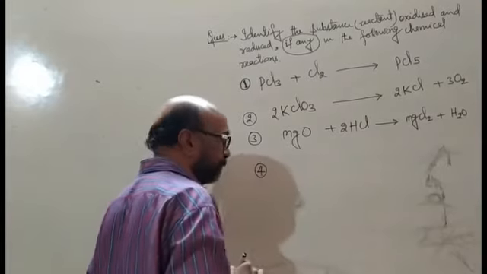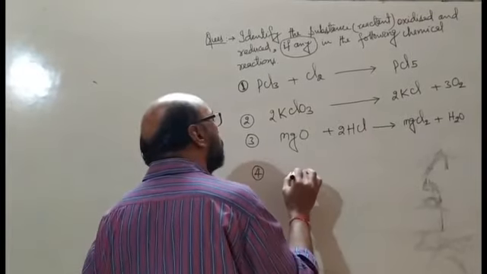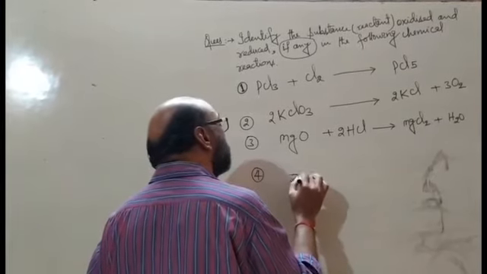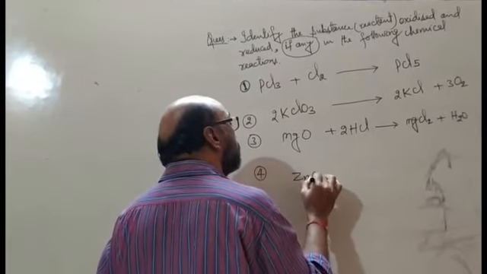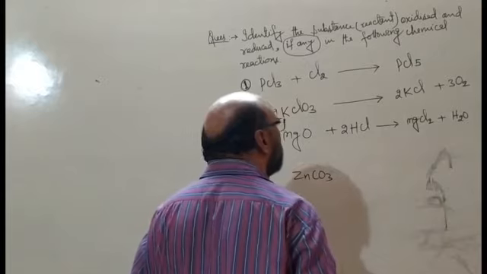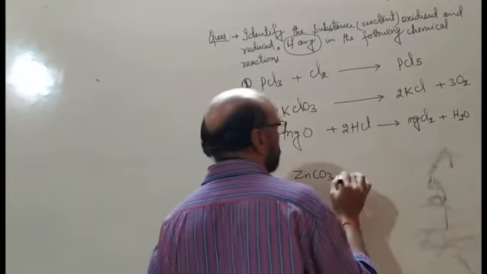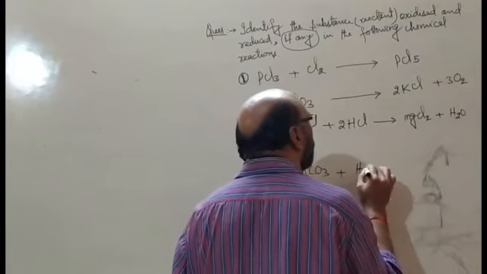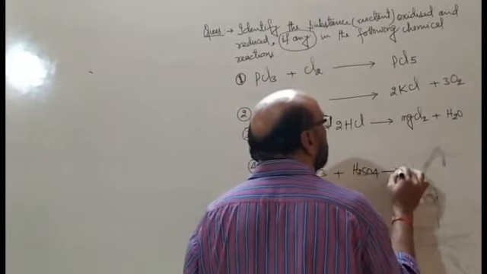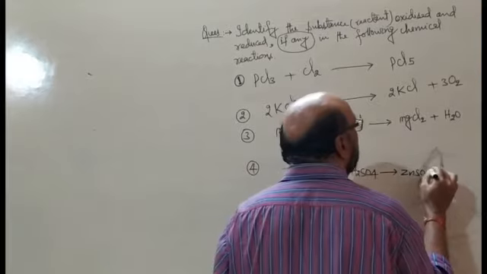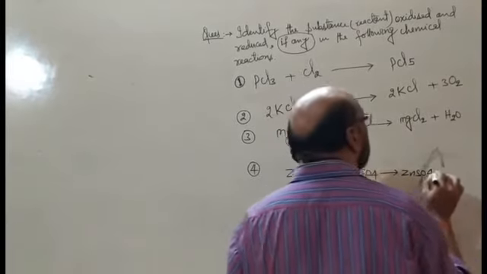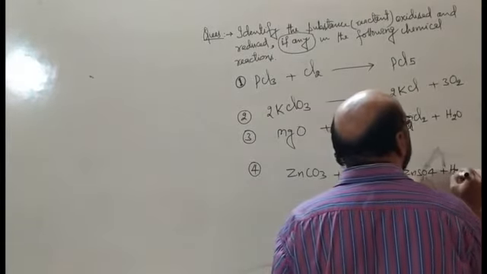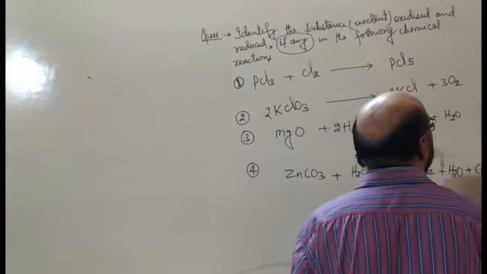Fourth, ZnCO3 plus H2SO4 gives ZnSO4 plus H2O plus CO2.